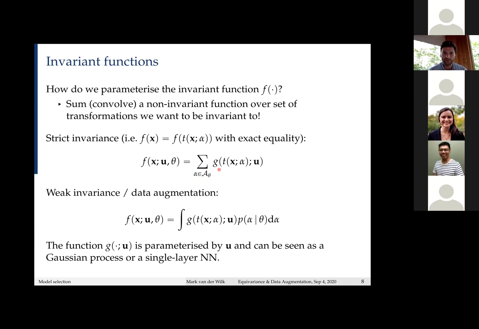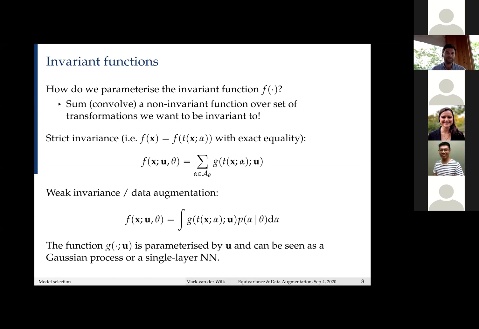So if we have a particular non-invariant function g here, which is parameterized by weights u, if we apply this g here to the transformed input of images rotated at each and every one of the 90-degree rotations, then no matter what image we give to the input of f here, we always sum this non-invariant function over the same 4 inputs, which would mean that the result of this summation, which is our invariant function f, is the same no matter what rotated version of the image you give to it.